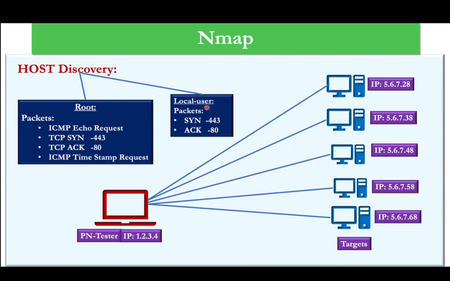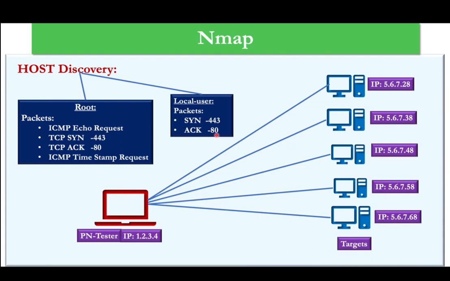In root privilege it gives the raw packets, whereas with local privilege, it sends SYN packets on port number 443 and ACK packets on port number 80.